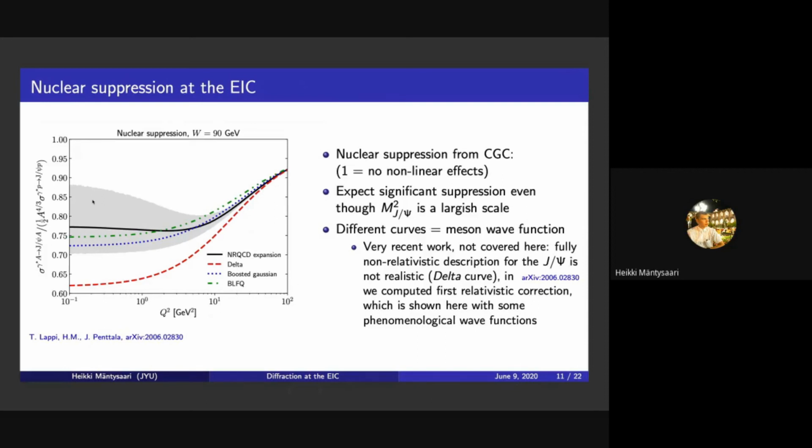You look at the J/psi and eta meson decays, and then you can constrain those long distance matrix elements.